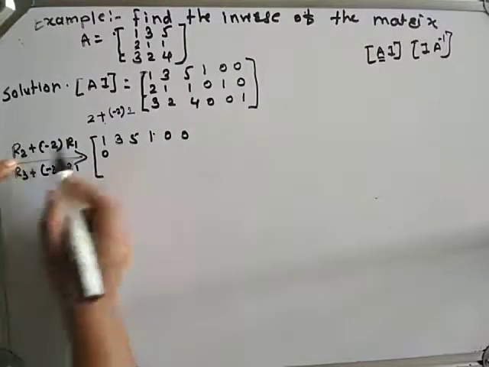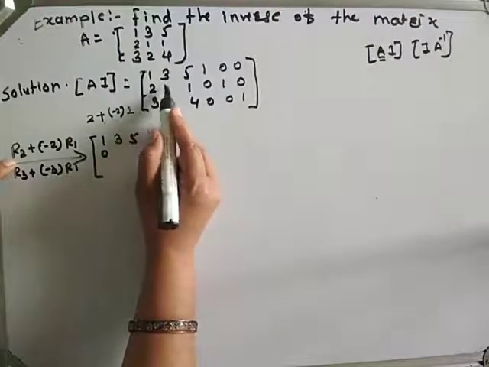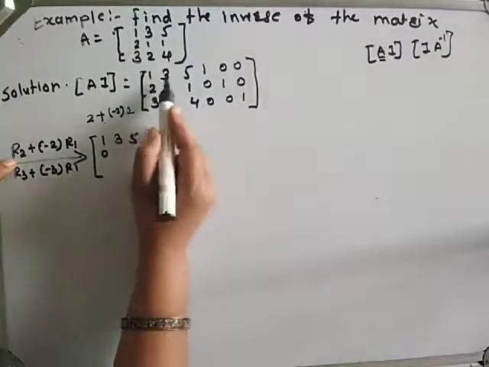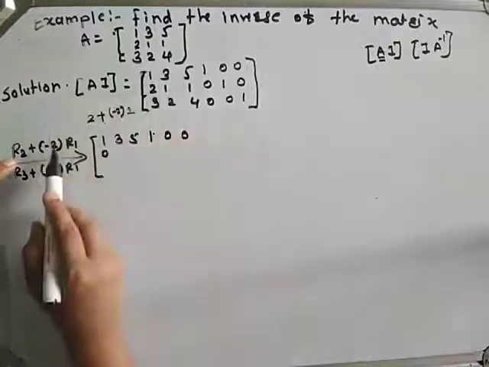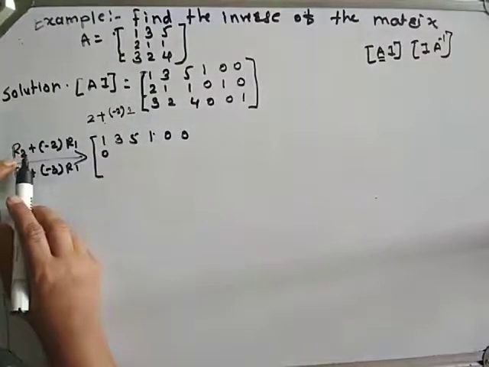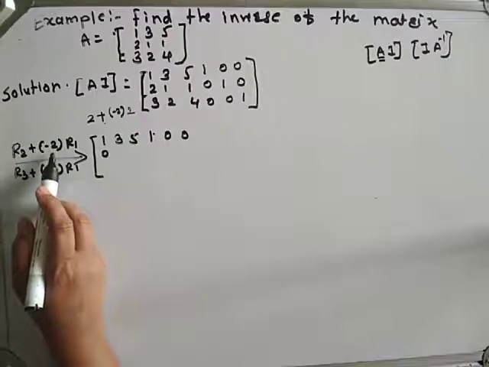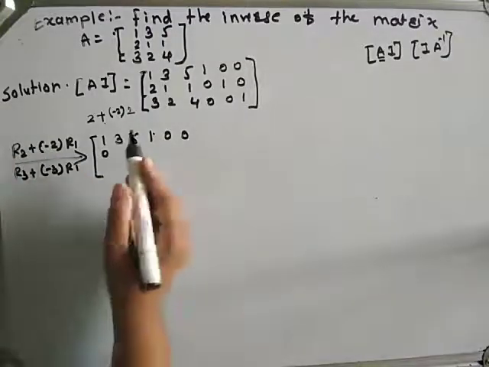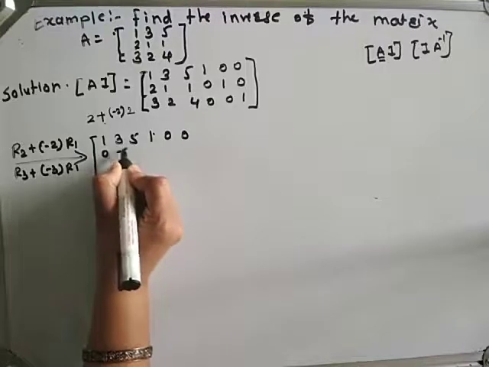The second entry: 1 plus minus 2 into 3, which is minus 6, means 1 plus minus 6, which is minus 5.